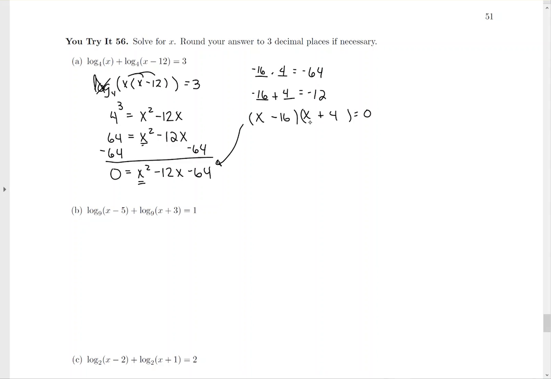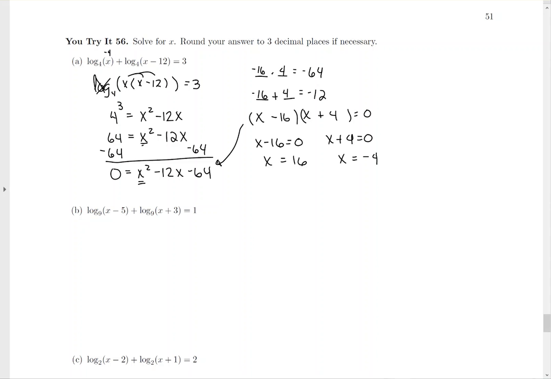Set each little factor equal to 0, solve for x, and I'm going to get x equals 16 or x equals negative 4. But keep in mind, with logarithms, you can't have a negative argument. So if I plug the number negative 4 back in here, log base 4 of negative 4 doesn't work.